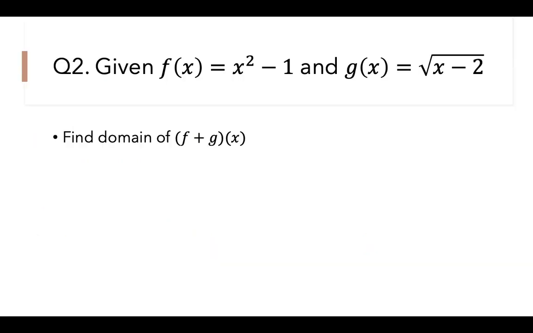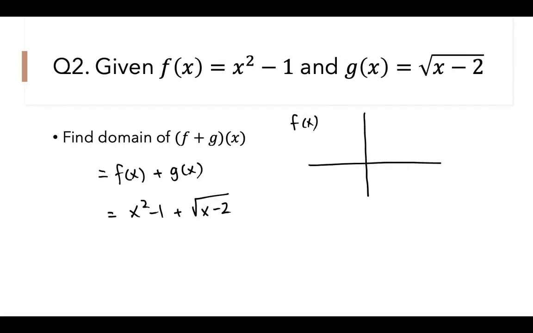So let's try this. Find the domain of f plus g of x. So this is going to be f of x plus g of x, so x squared minus 1 plus the square root of x minus 2. Unfortunately for this one, there are no like terms. So what I'm going to do is draw these two graphs separately. f of x has a vertex at -1, and it's a parabola that opens up.